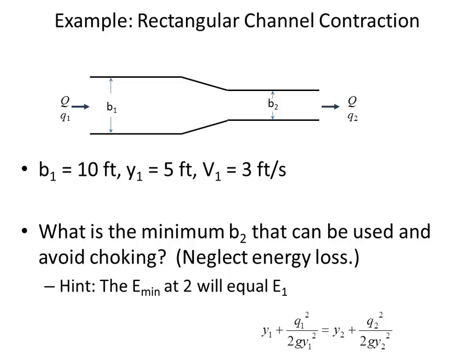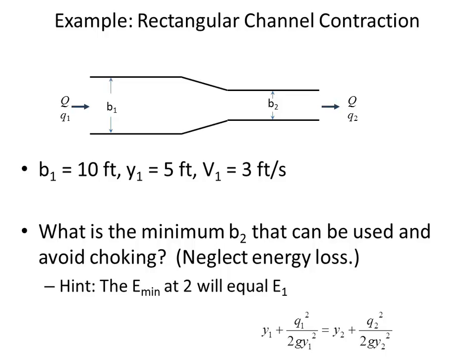The specific energy at 1 is going to be Y1 plus V1 squared divided by 2g. So how much specific energy is there at 1? 5 feet plus 3 feet per second squared divided by 2g, which gives 5.140 feet of specific energy at 1.